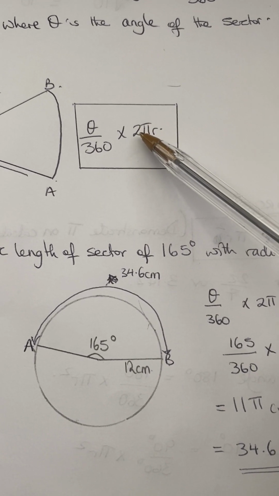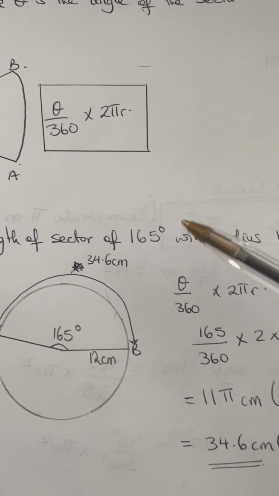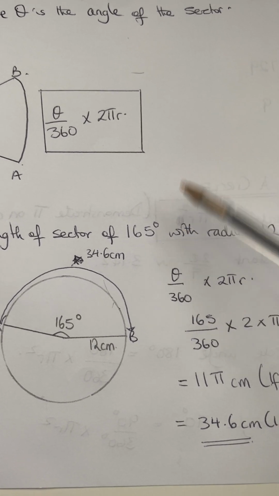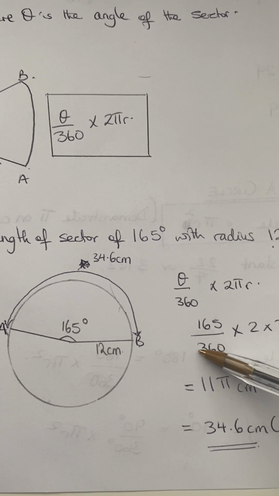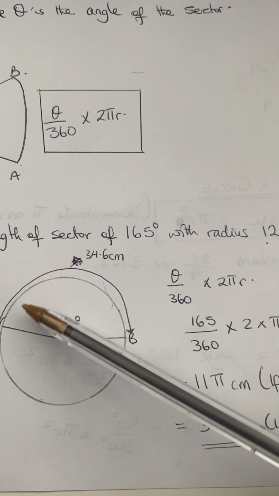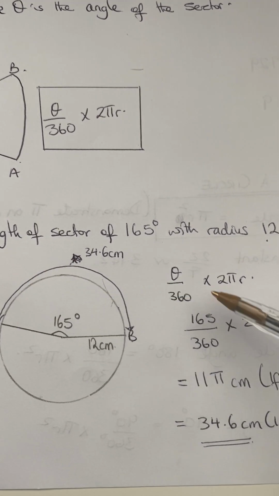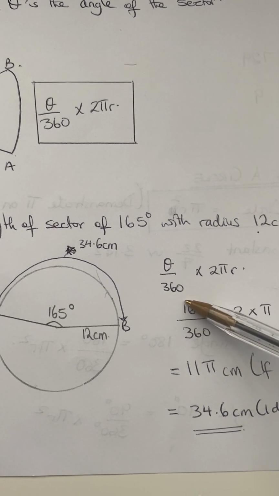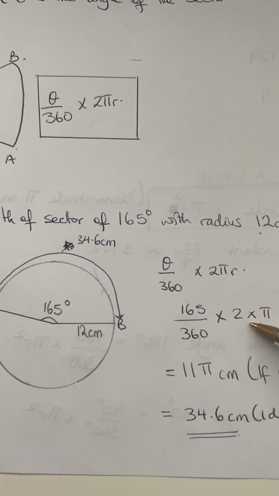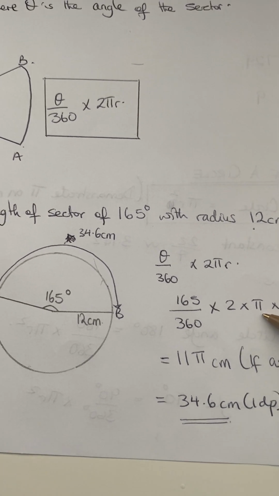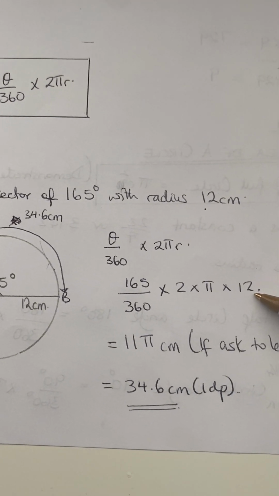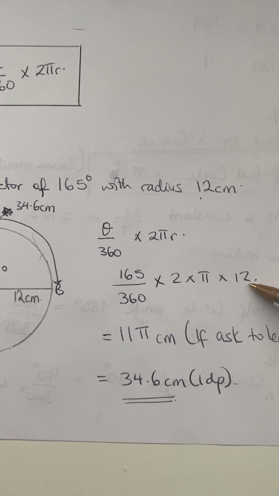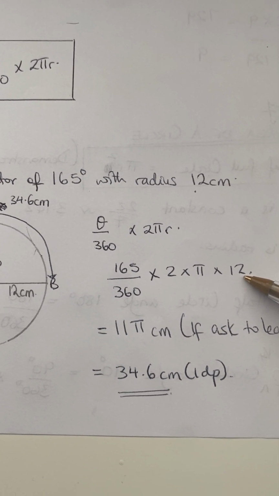So we need this formula here. Theta is 165 over 360, because the full circle is 360 and we just want the 165 part, times 2 times pi, and r is 12 centimeters. Look at it carefully.